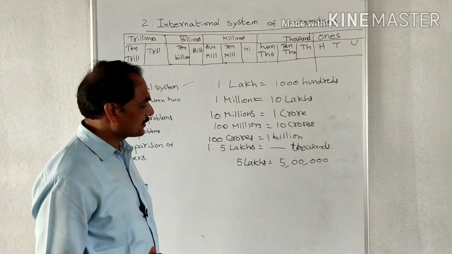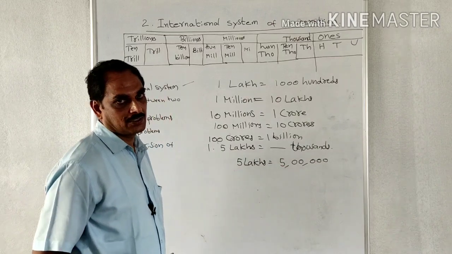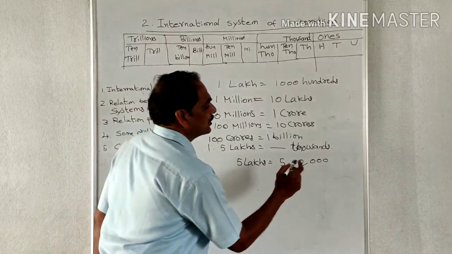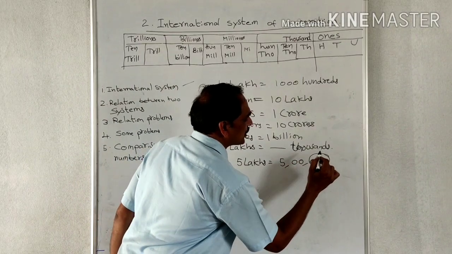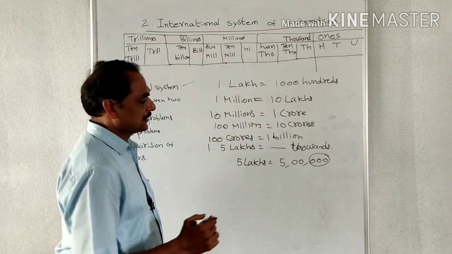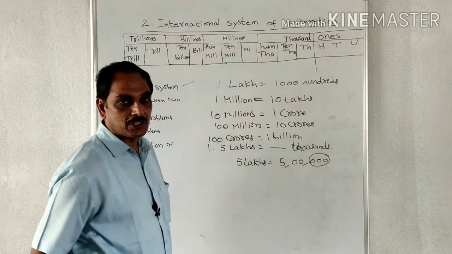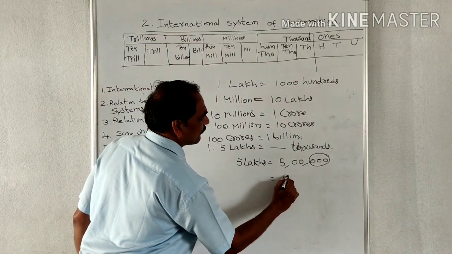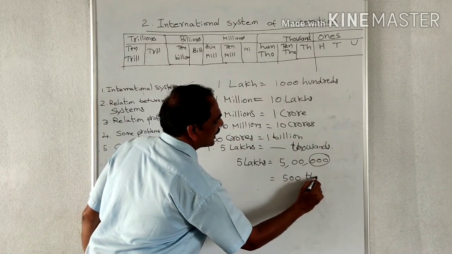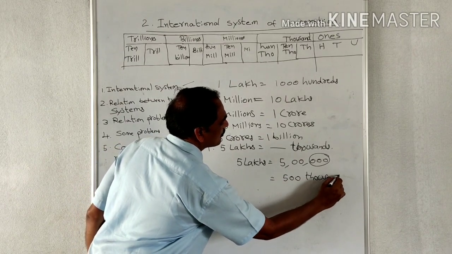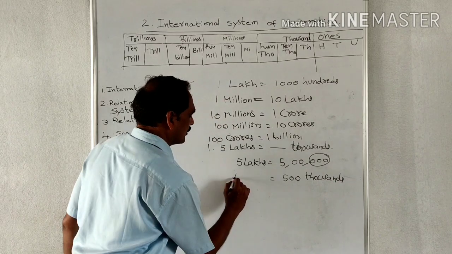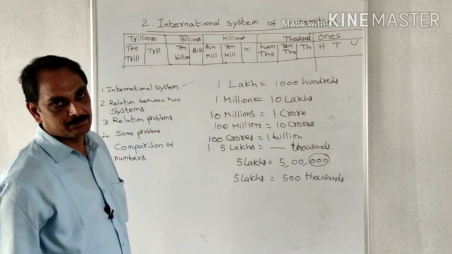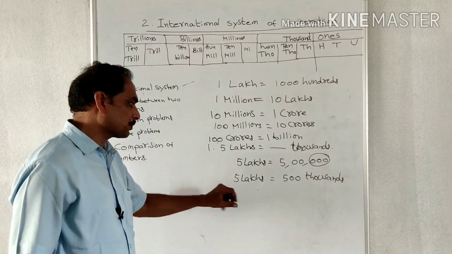A thousand has 3 zeros, so we have to erase 3 zeros to get the number of thousands in 5 lakhs. Now we can write it as 500 thousands. So 5 lakhs equals 500 thousands. This is the first problem.